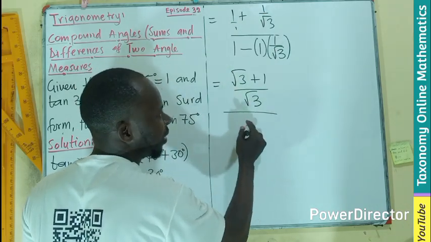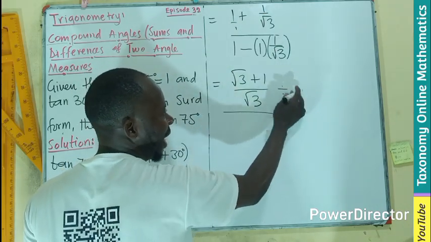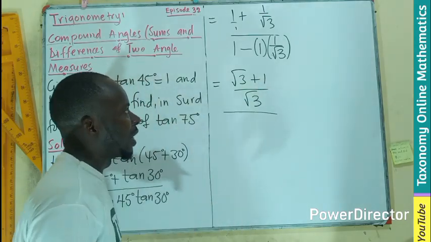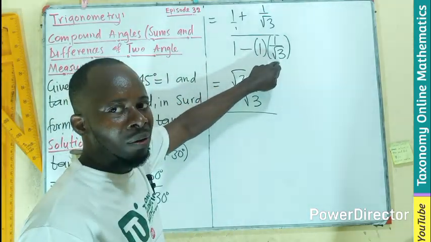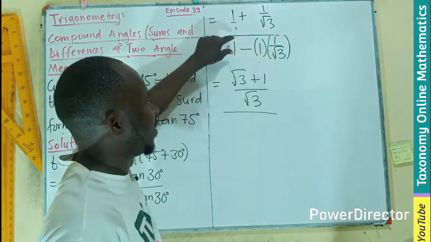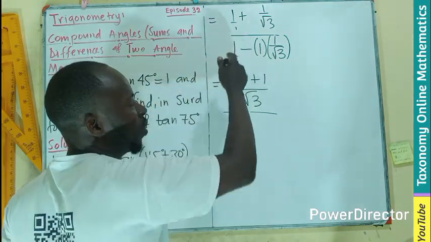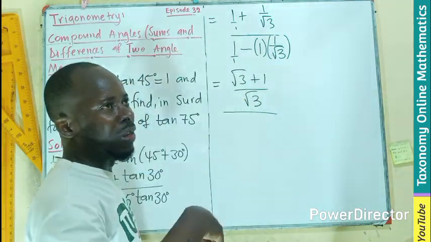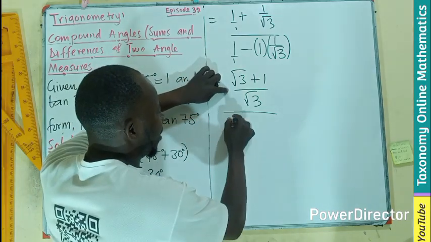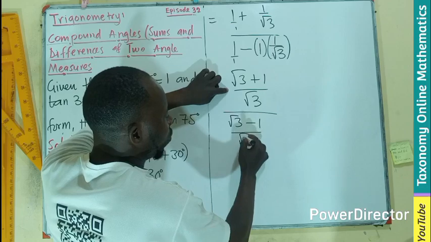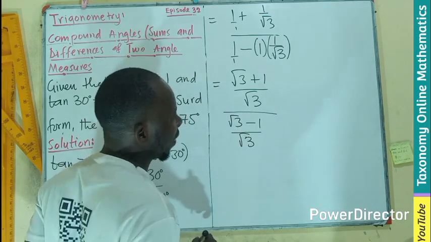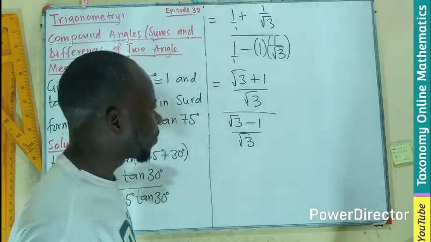Then divided by, we can use this division if you like, but let's go in that order. The same thing is going to happen here. 1 times this remains 1 over root 3. Then this is also 1 over 1, that is root 3 over root 3. So I'll be having the root of 3 minus 1 divided by the root of 3. Alright.